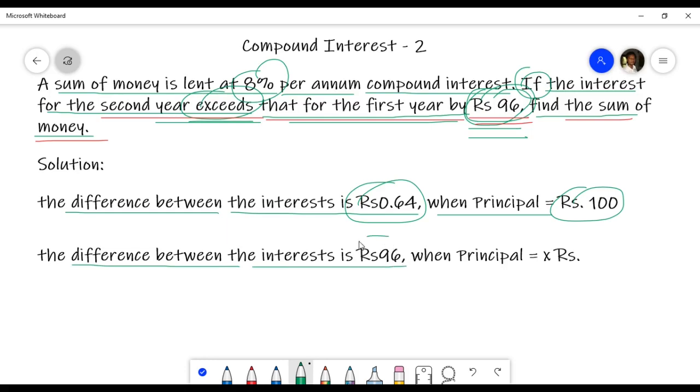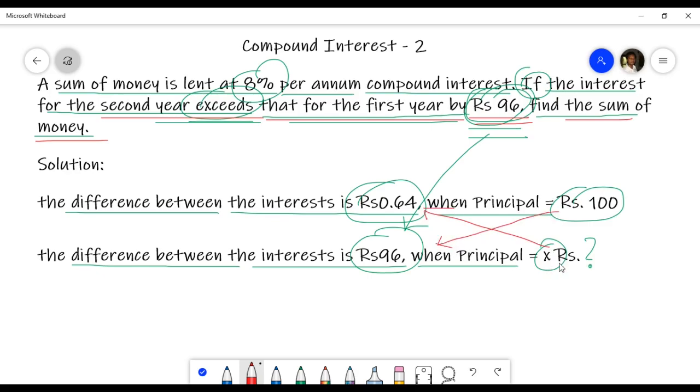I'll just explain over here. The difference between the interest is 64 paise when the principal is rupees 100, and the difference between the interest is rupees 96, as given in the question. So what do we have to find? We have to find the principal. So let us take the principal as x rupees, and we'll cross multiply here.